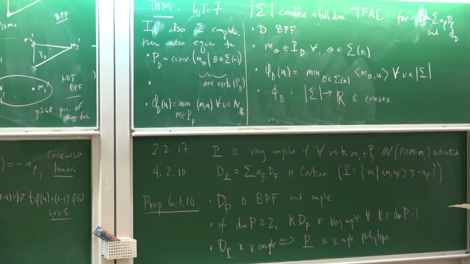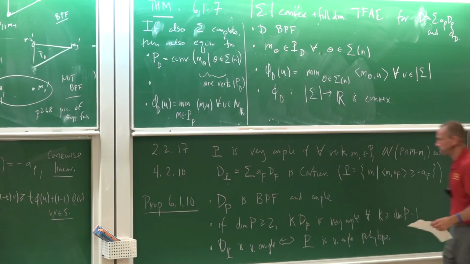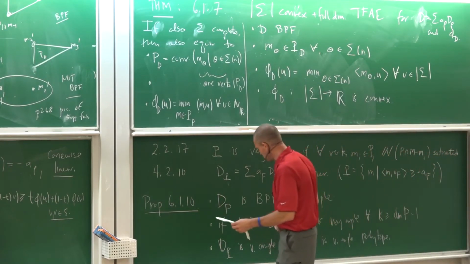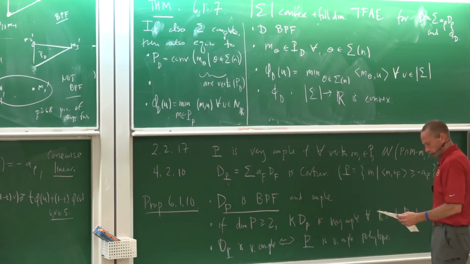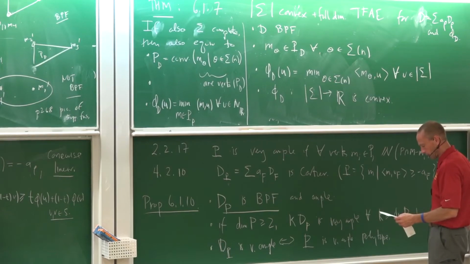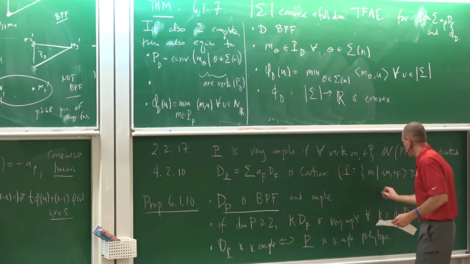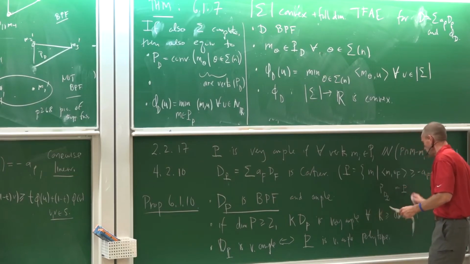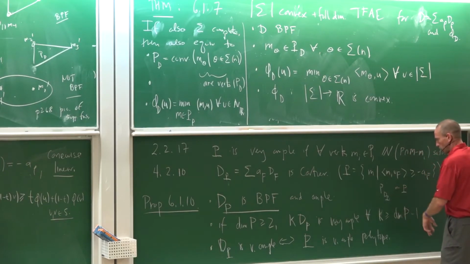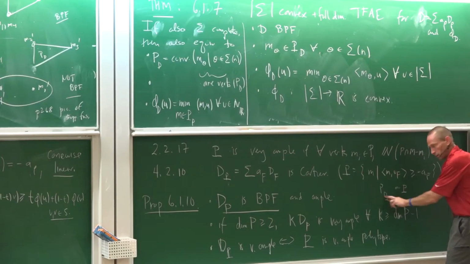So the nice thing about this theorem, maybe I prove just the first part of this theorem. The base point freeness comes automatically from P sub D, the polytope of D sub P, being equal to P. So remember, if I have a polytope, I get a divisor D sub P. If I then form the polytope of that divisor, that's just equal to my original polytope.